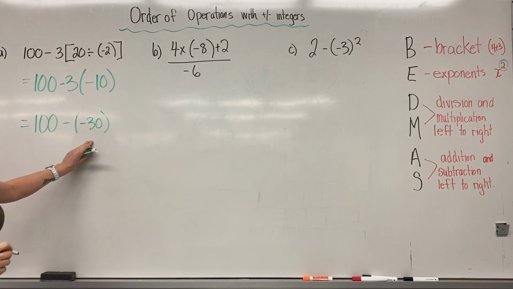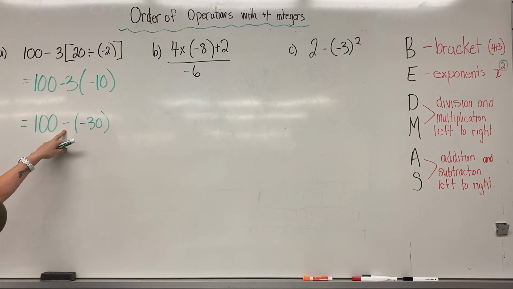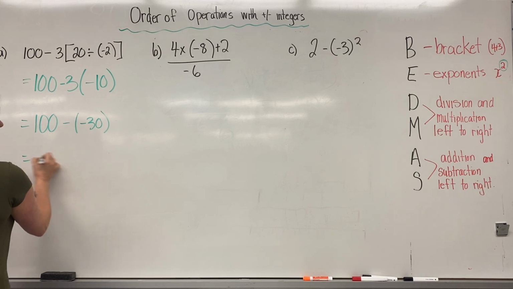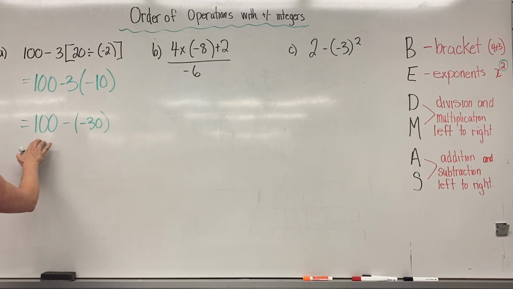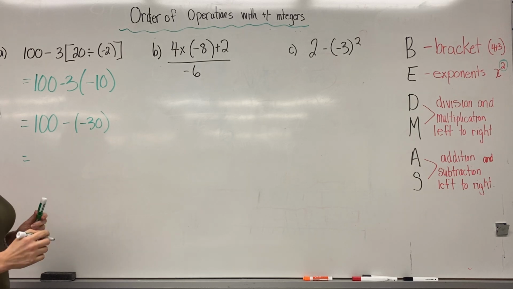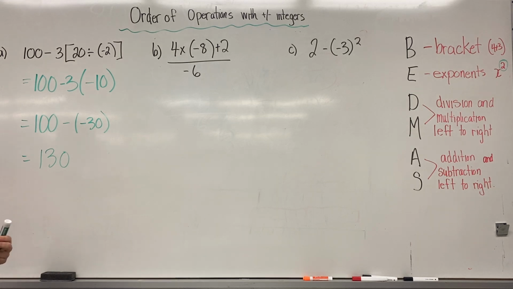Do you see how I put the negative 30 within brackets? That's to separate it from the operation symbol, so you want to get into the habit of doing that. And then I can move on, addition, subtraction. 100 subtract negative 30 equals 130.